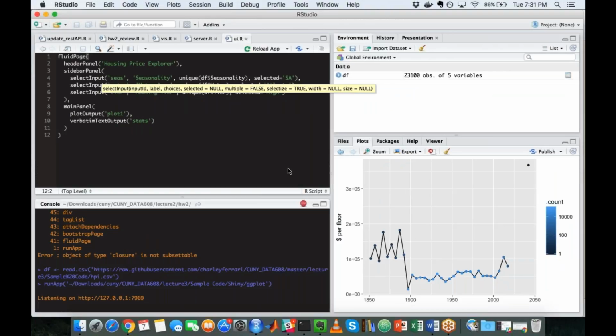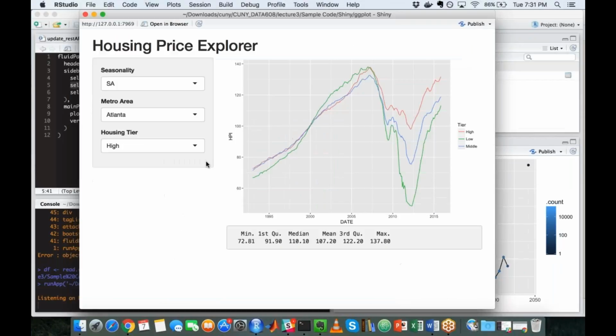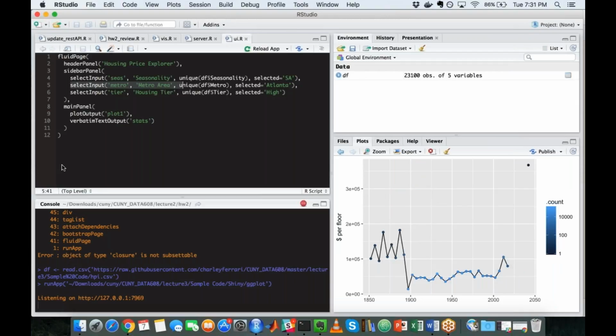Shiny has tons of built-in elements for dealing with this. So you have things like select input, that's just a simple drop-down menu like this. And then you have things like plot output, verbatim text output.